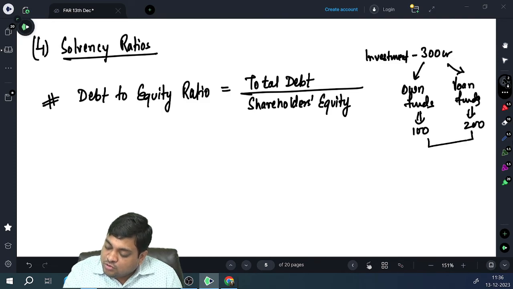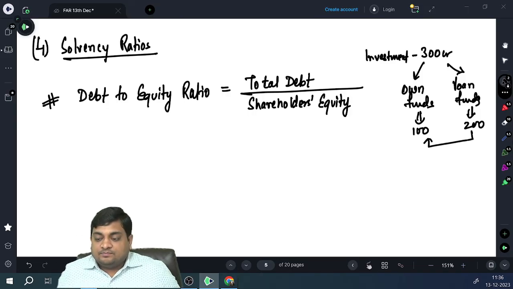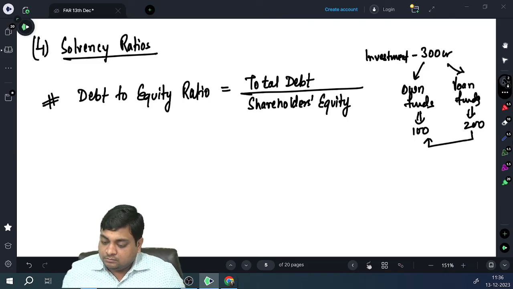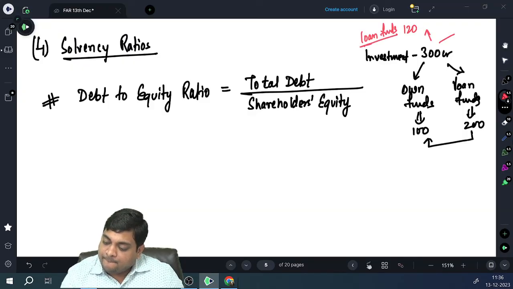So this is 2:1. In UK it is 40%, right? So this is in UK. If I talk about UK, only 120 you can get from loan funds. Own funds has to be 180.